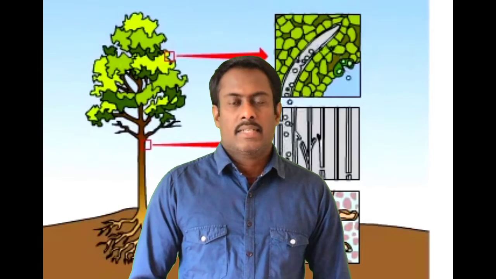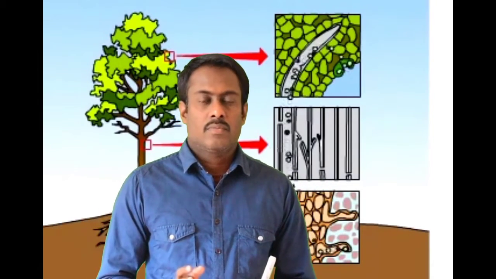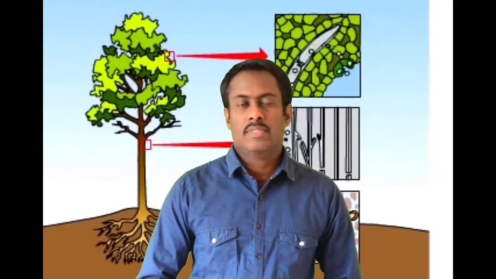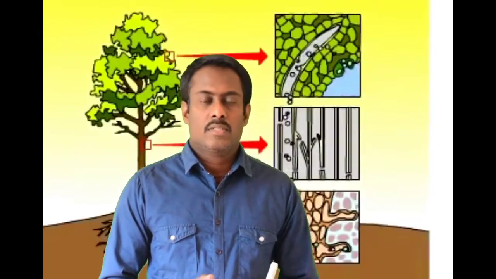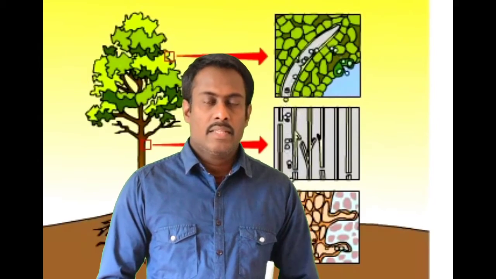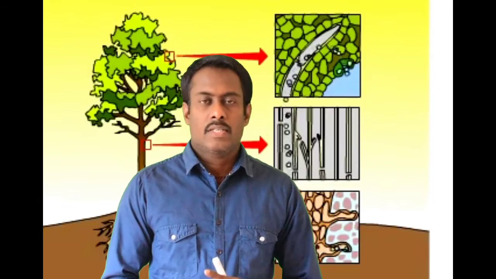Transportation of food and other substances in plants. The food that is synthesized at the site of photosynthesis, that is the leaves, is then transferred to the parts of the plant where it can be stored, and mainly they are stored in the roots, seeds and fruits.